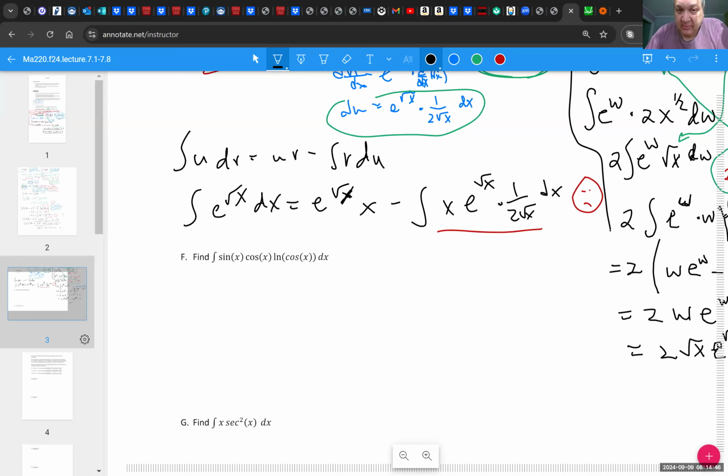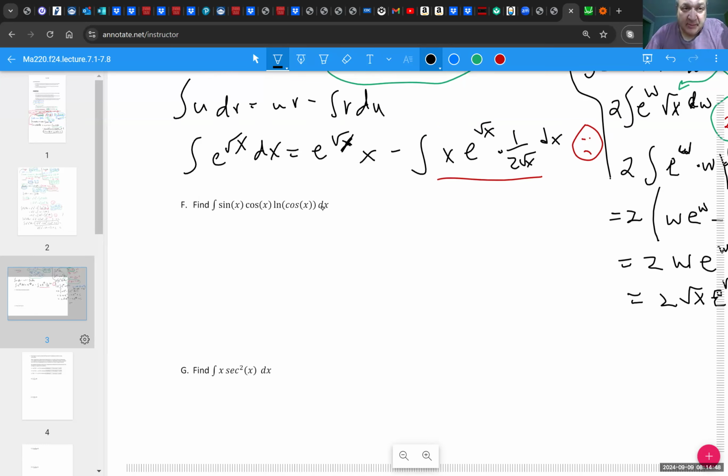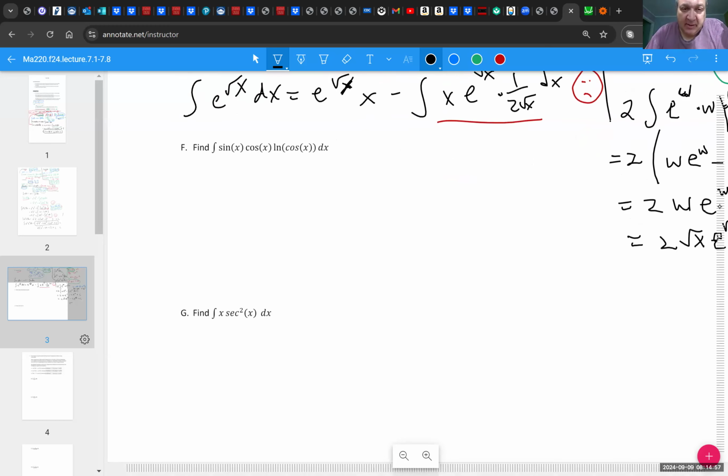And watching me do these is great, but at some point, maybe give yourself a chance to try, see if you can get a good substitution or decomposition for parts, and see how far you can get. Maybe you get to the end, or maybe you get stuck somewhere. And then when you watch the rest of the video, you can see how to get yourself unstuck. But please give this a go if you're willing. And then after you pause, come back and I will show you the solution.